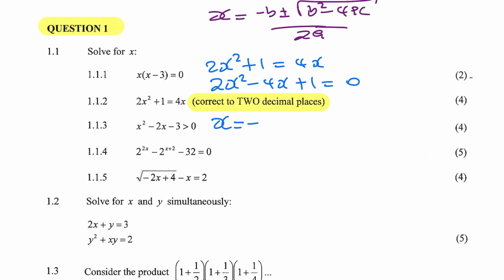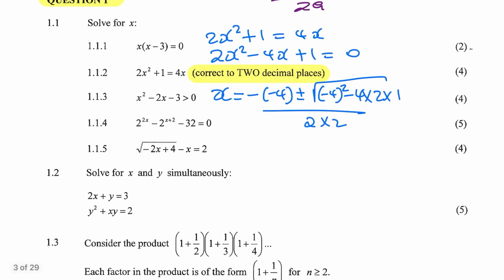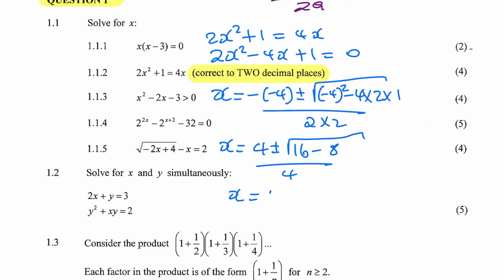So what do we have? We have x is equal to minus b, what is b? b is minus 4, so minus minus 4, plus or minus the square root of minus 4 squared, minus 4 times a, which is 2, c is 1, divided by 2 times a. a is 2. So you have x is equal to minus negative, so you put 4, plus or minus the square root of negative 4 squared, which is 16, minus 4 times 2, that's 8, times 1 is still 8, divided by 4.